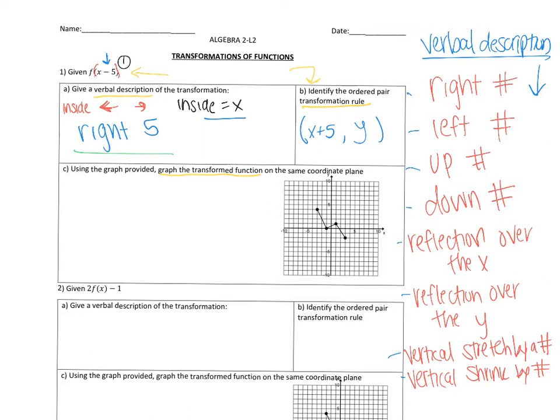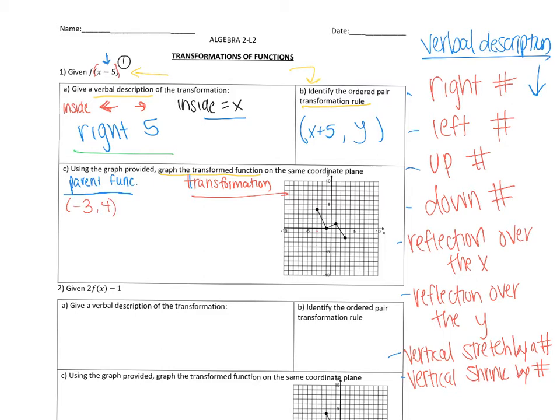Now I'm going to write my parent function points, and then my transformed points. So I need to pick out my points. My first point, going left to right, is -3, 4.